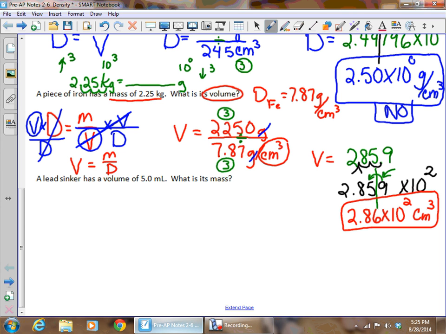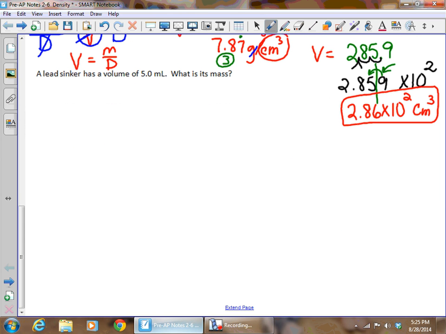So finally, the last one, I'm just showing you an example of solving for each of the variables so that you can see the equations that we need. In the next one, it tells us that we're looking for mass, and this time it gives us that we have a lead sinker with a volume of 5.0 milliliters.